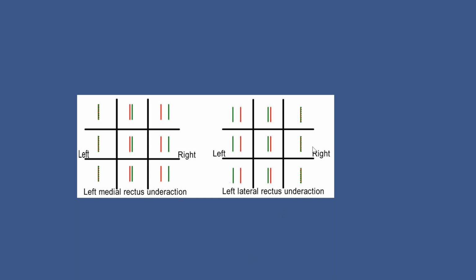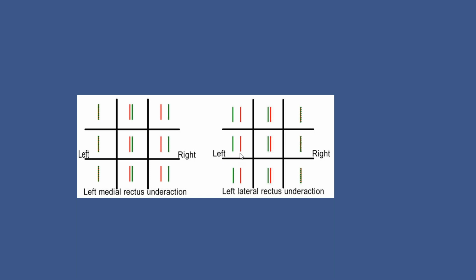Now over here, in the second image, maximum horizontal separation is occurring towards the left. Again, the farthest image, the one more in the periphery, is the green image, and green belongs to left. So there's left eye involvement for sure. Which muscle of the left eye is involved?